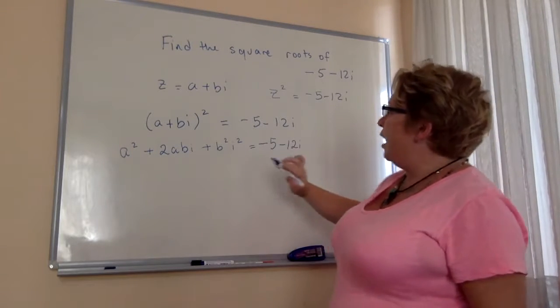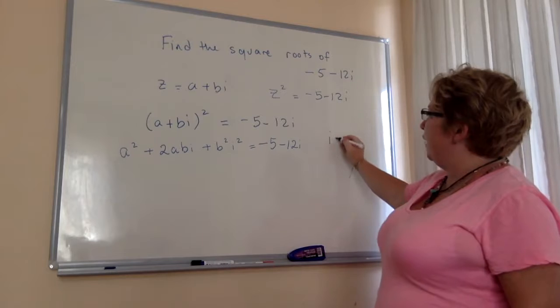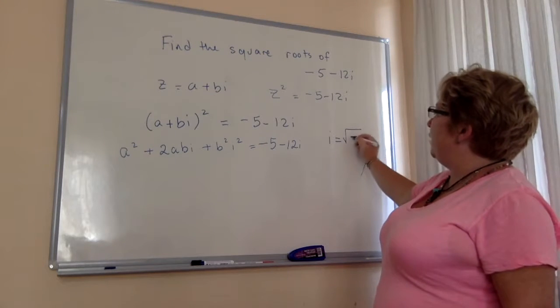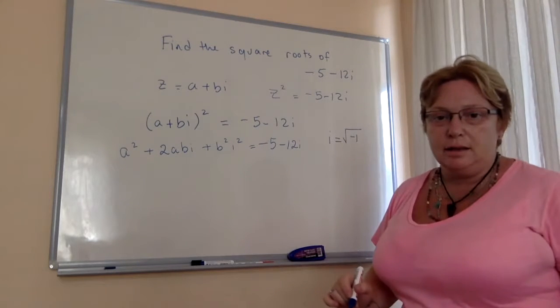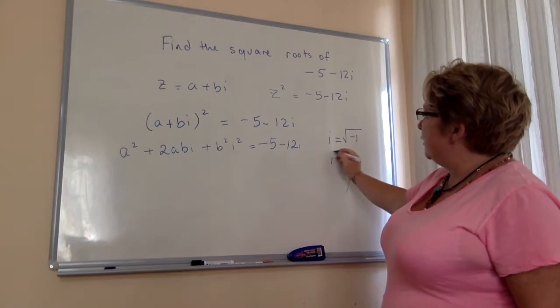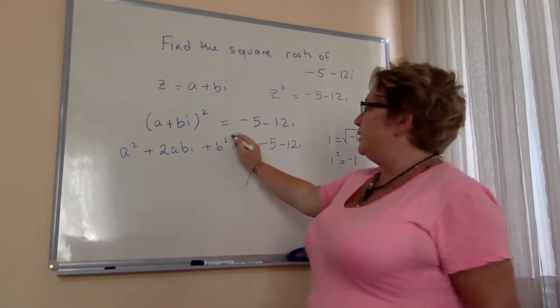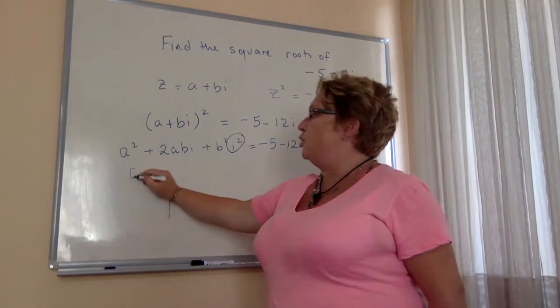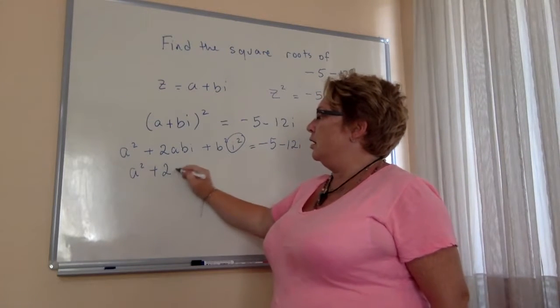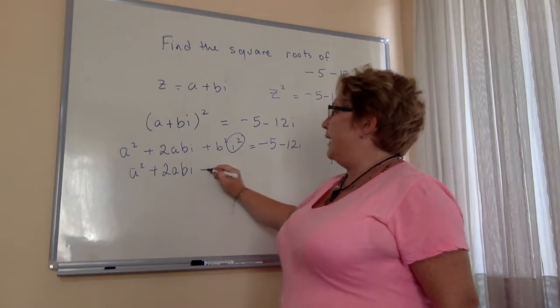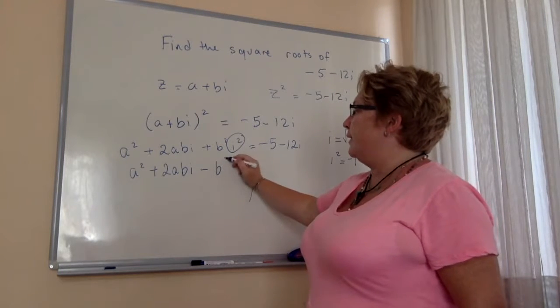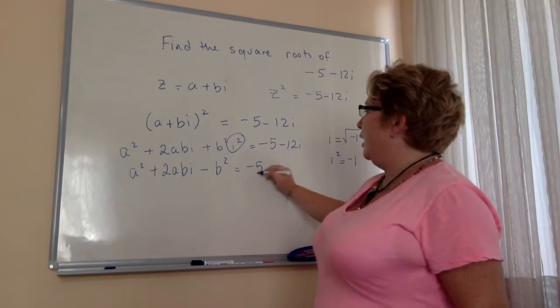Now, because i is defined as the square root of minus 1, i squared actually equals negative 1. So instead of i squared, I can substitute negative 1. So I'll just have minus b squared here.